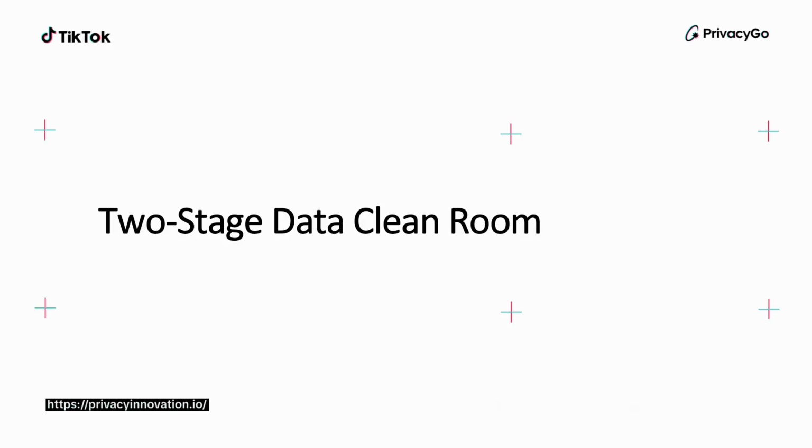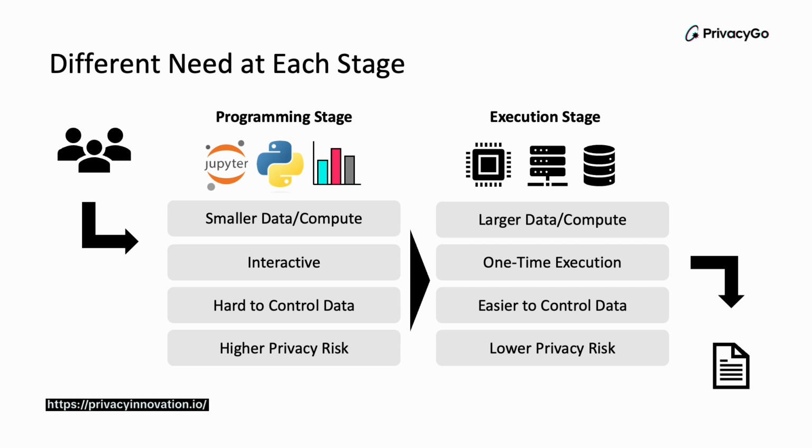With these observations, we designed a two-stage data clean room that combines different privacy-enhancing technologies such as differential privacy and trusted execution environments to balance usability, accuracy, security, and privacy. The main idea is that the data collaboration can be divided into two stages with very different requirements.